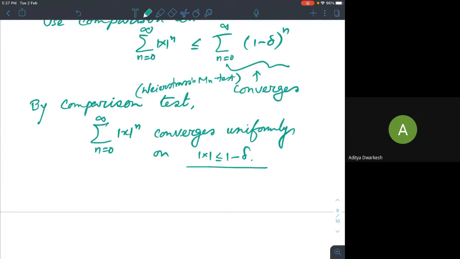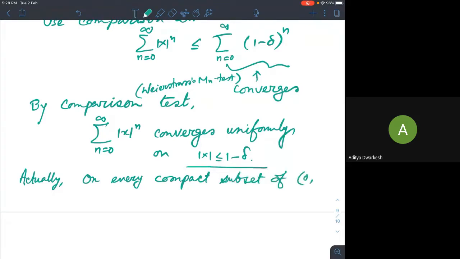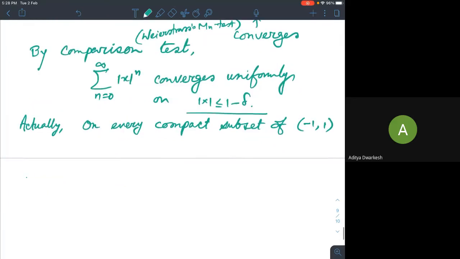All right. So actually, on every compact subset of minus 1 to 1, the series converges uniformly.